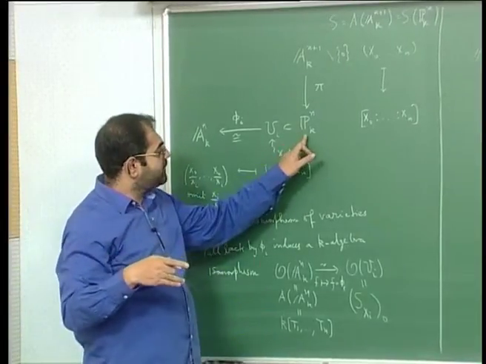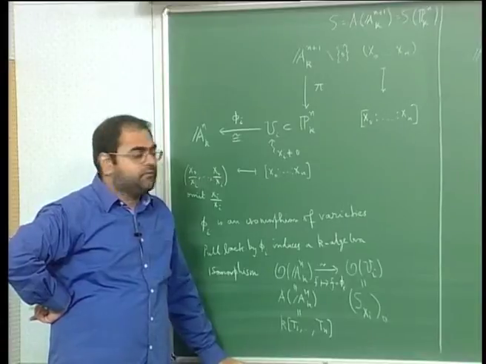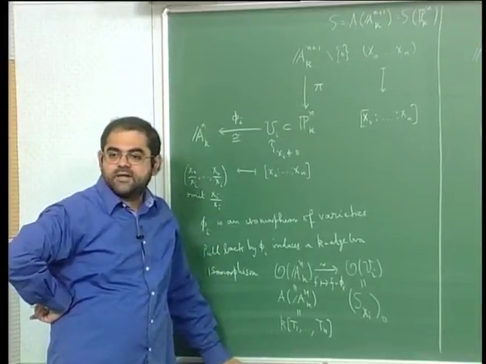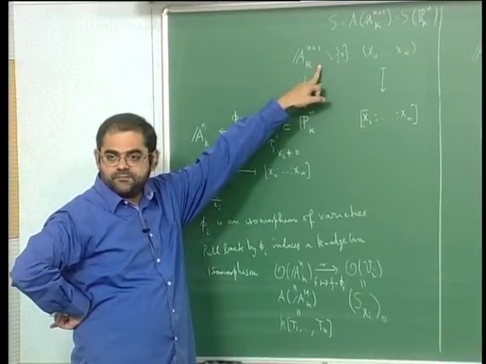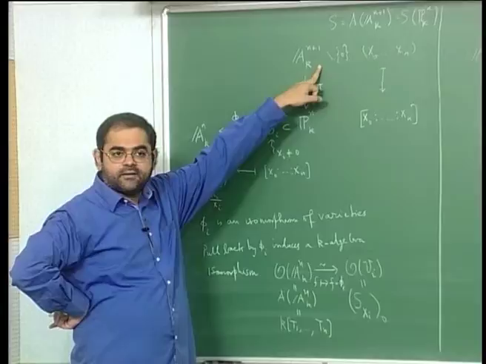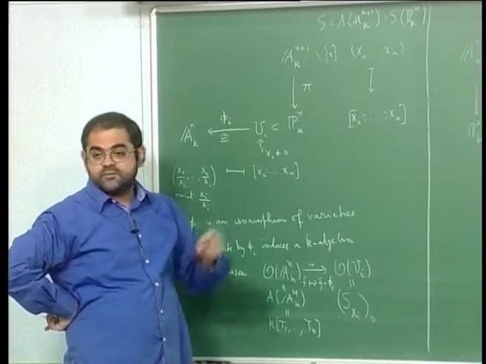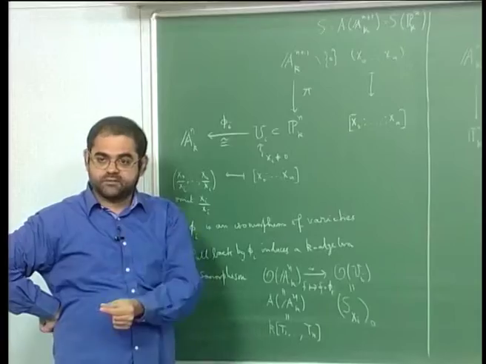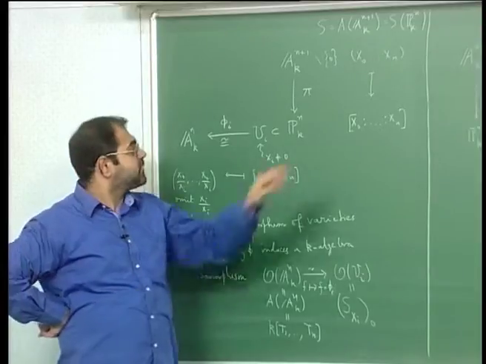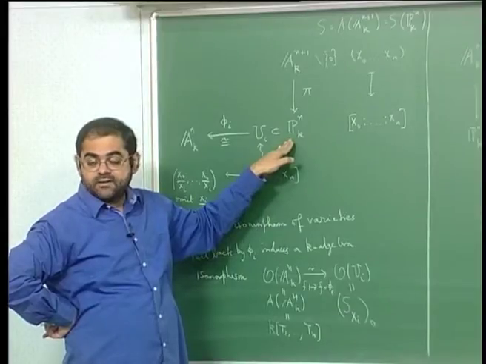But if I pull that function back with pi, it will correspond to a function there, and that function is going to be constant on lines passing through the origin, because that's what will happen.